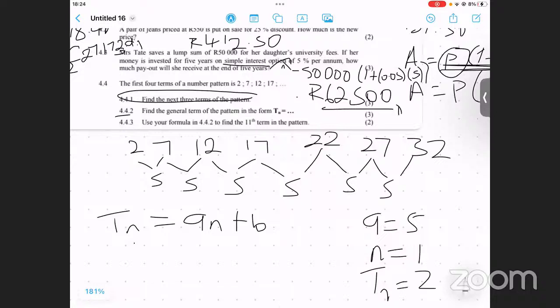Mm-hmm. And we're going to try to find b. So how we're going to lay it out is 2 is equal to 5 times 1 plus b. Did you say 5 times 1? Yes, 5 times 1 plus b.